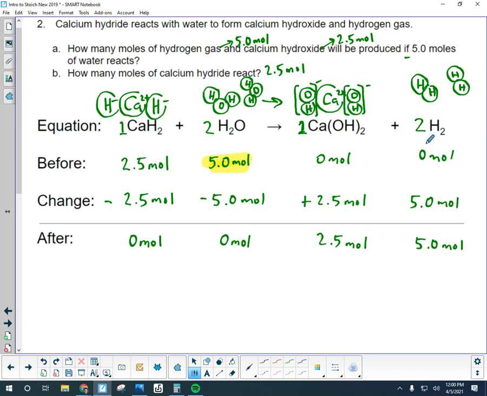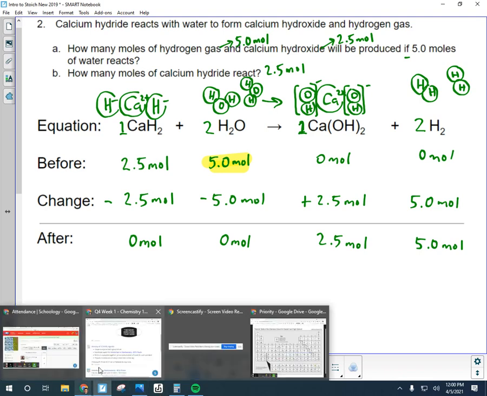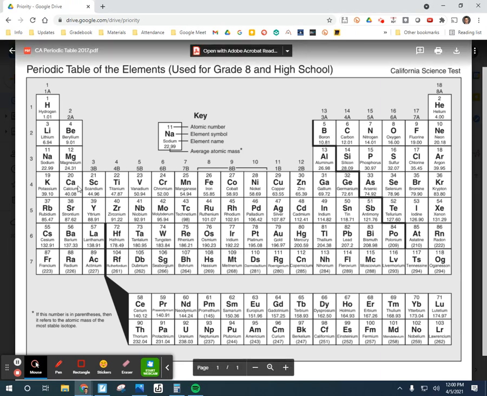So CaH2 would take calcium and add in 2 hydrogen. Calcium 40.08, hydrogen 1.01, but times 2 because there are 2 of them in the formula.